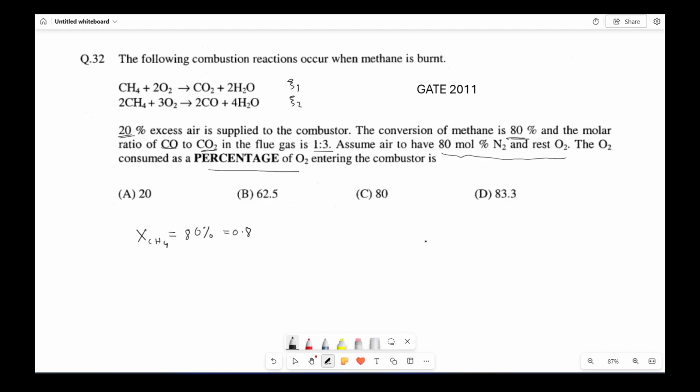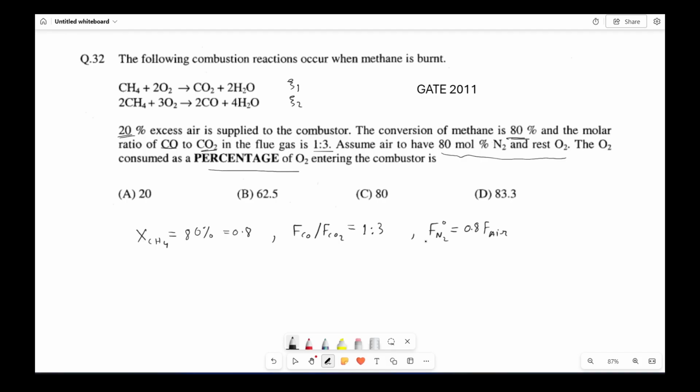Also, the ratio FCO divided by FCO2 in the flue gas is equal to 1 is to 3. Also, FN2, the nitrogen in the feed of the system, is 0.79 times F air. I am writing all the things which are given in the question. It is very useful to write the data in expression format.